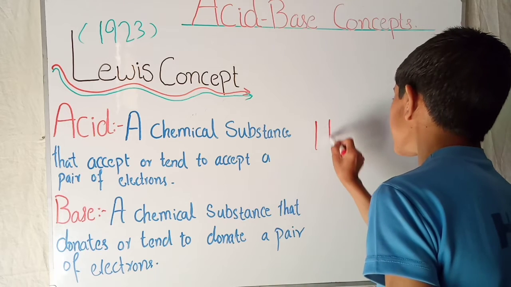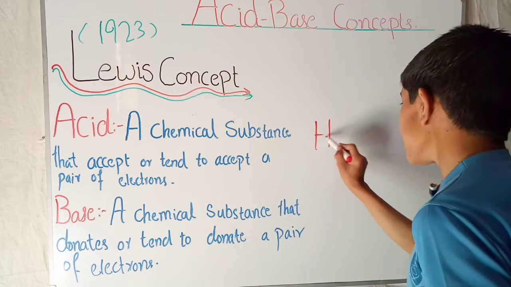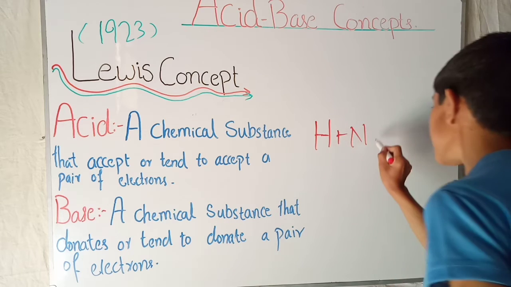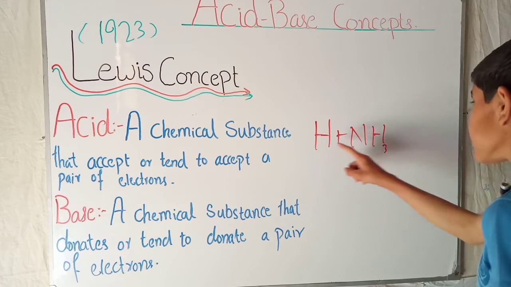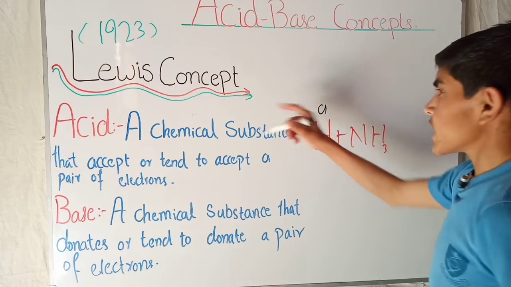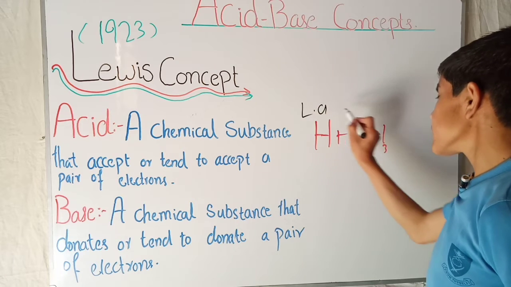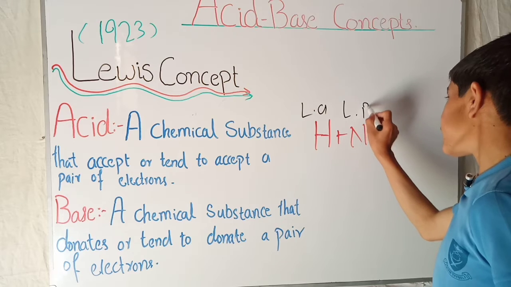Consider how ammonium, NH4, is formed. NH4 is formed in this way: H+ plus NH3. There the H+ works as a Lewis acid, while NH3 works as a Lewis base.